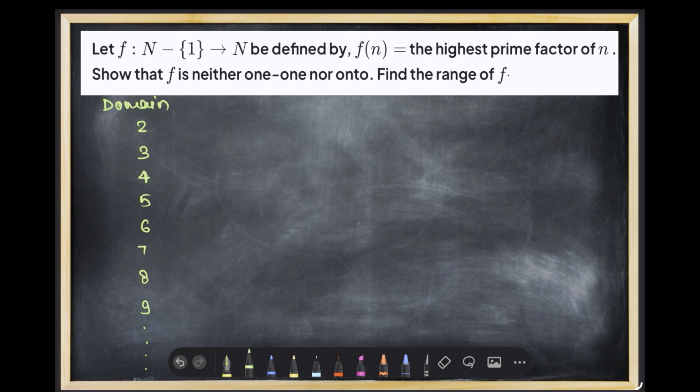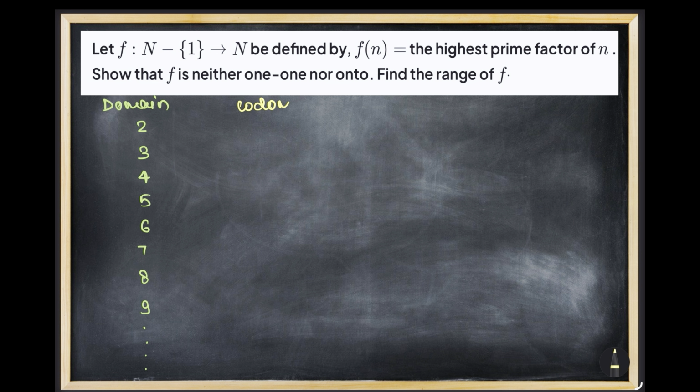Okay, and then we have the codomain. Codomain is natural numbers: 1, 2, 3, 4, 5, 6, 7, 8, 9, and so on. Now, f of n equals the highest prime factor of n.